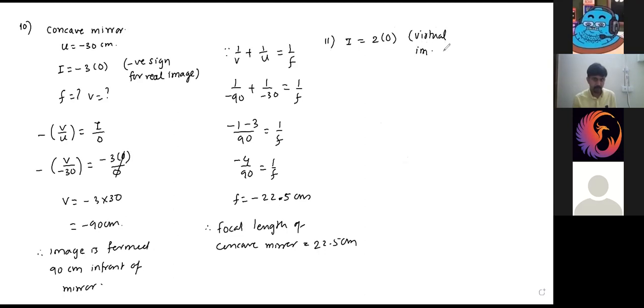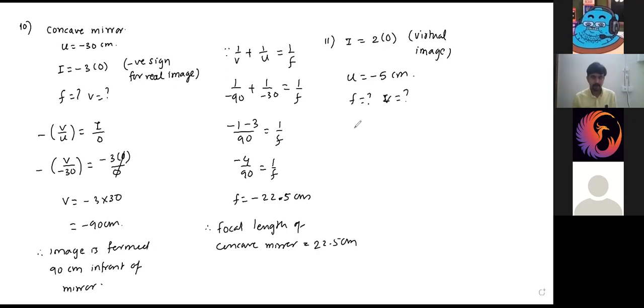Why it is plus? Because it is a virtual image. अच्छा, उसके बाद object is placed at a distance u दिया हुआ है. How much? -5 centimeter. Right? Find the focal length and the position of image. मतलब f ढूंढना है and v ढूंढना है.